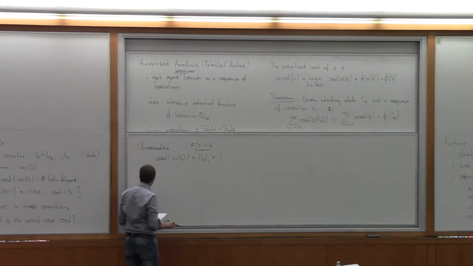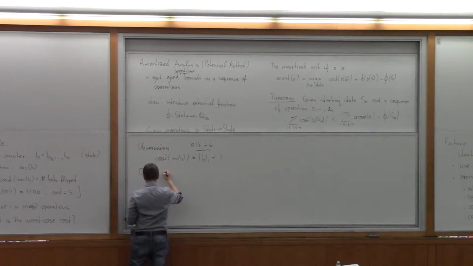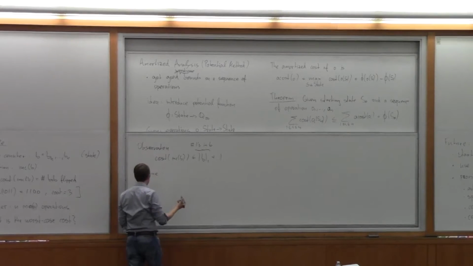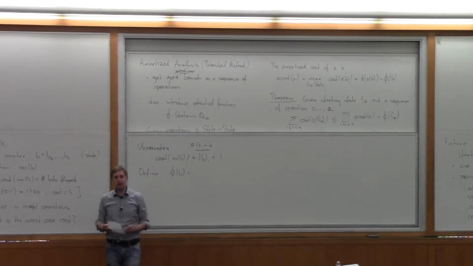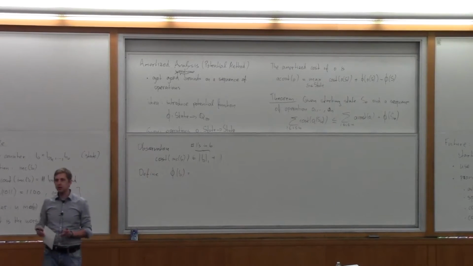So we use the potential method and define a potential function. That's always the creative thing you have to come up with. Does anybody have a candidate for a potential function?